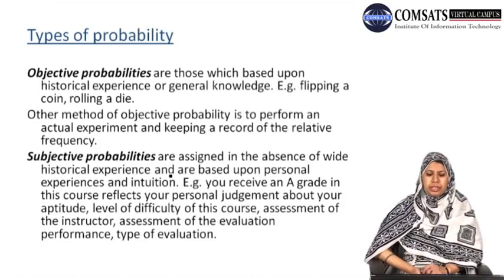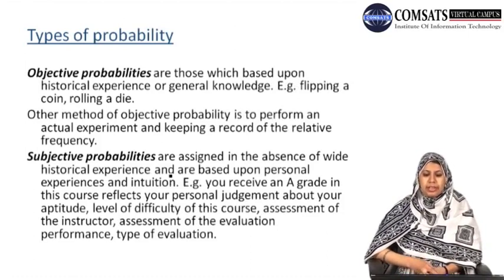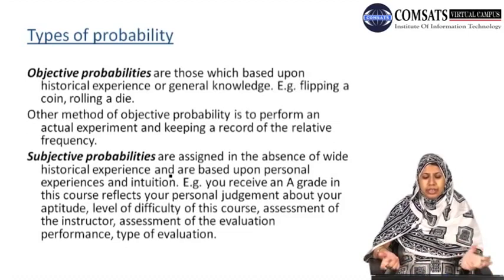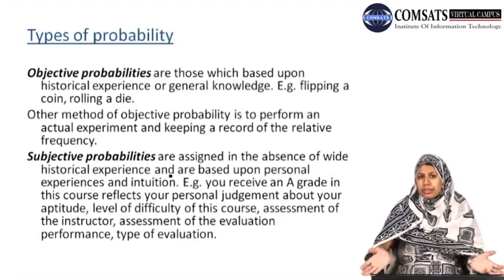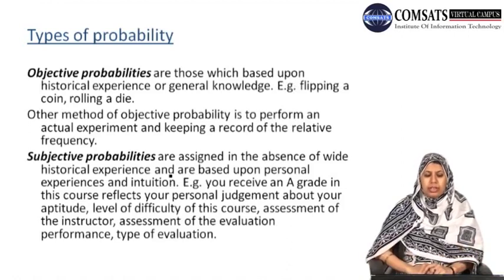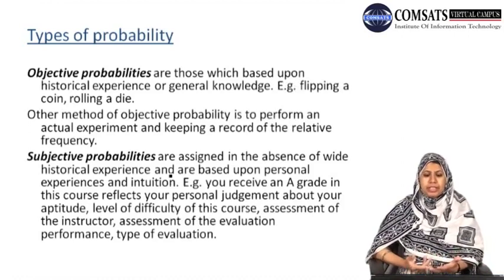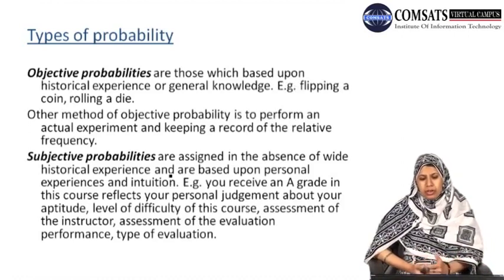For example, if you think you are good enough that you will receive an A grade in this course, then this is the probability that you are obtaining 90% marks, which means that this reflects your personal intuition.